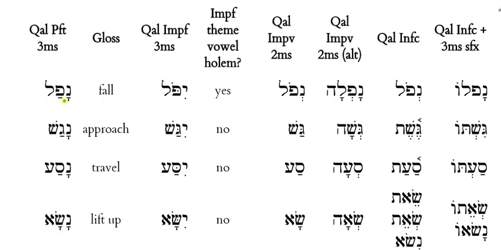The first row is the verb nafal, which you have the gloss for all of these. Qal imperfect is yippol. Notice the holem here is the theme vowel in the imperfect. And so the question here, is the imperfect theme vowel holem? The answer is yes, only on the first one. So this is the only one that follows the regular pattern. Imperative, nefol. Remember, we have a Qal imperative alternate form that has the qamets he at the end. And the shewa and the U-class holem, it's like they switch places, and I get the short U-class qamets qatuf here.